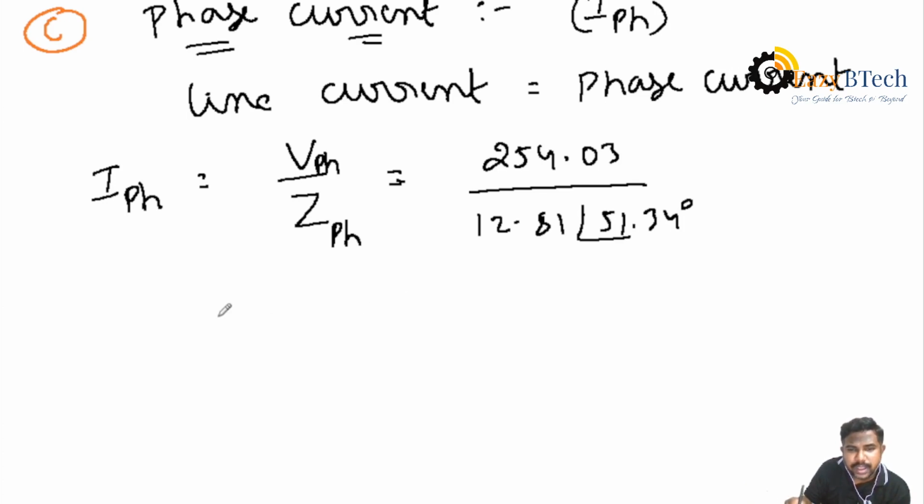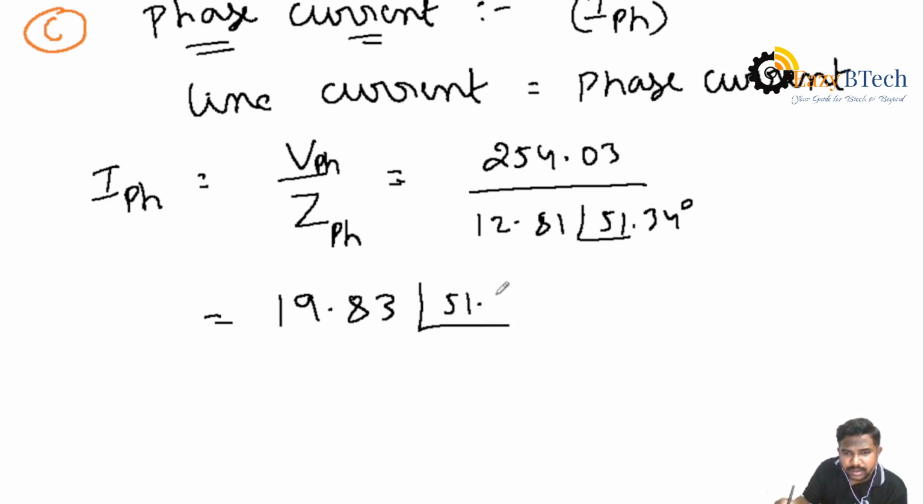Then you can divide by taking only the magnitude values, 254.03 by 12.81. The magnitude of the current value is 19.83 amperes. When the angle is in a division, when it goes to the numerator, the angle becomes minus. That's why the angle of the current value is minus 51.34 degrees.